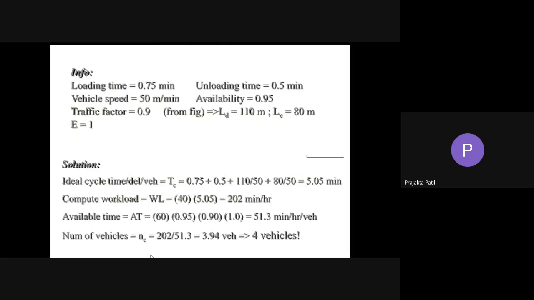Have you got this? The final answer is 4 vehicles will be required. Yes, ma'am. I got something around 3.9, and I rounded up to 4. Yes. So this is how you will be solving the problems.